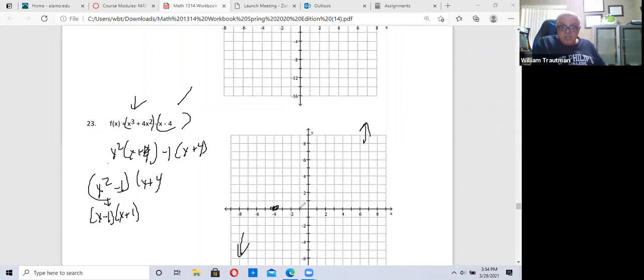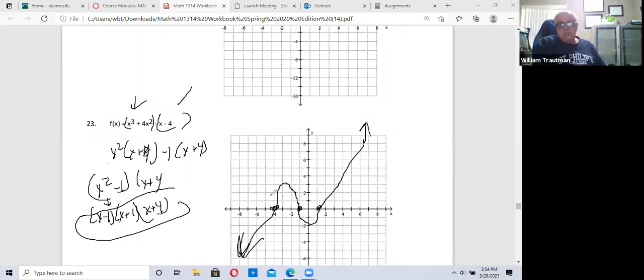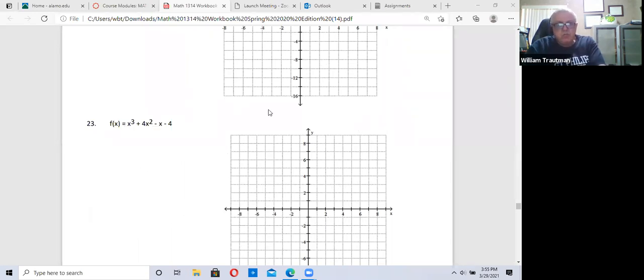So we have a -1 and a +1. Once you factor everything, none of them are squared, so it goes through each of them, and then it goes down. So you could still do that one, you just had to factor it. I don't remember having one of these on the test, but I showed you just in case. I don't remember one where you had to factor.